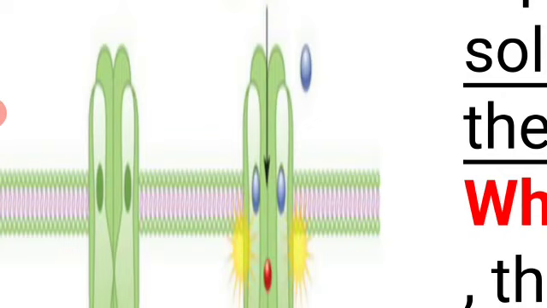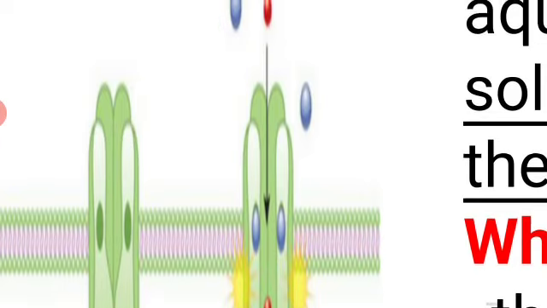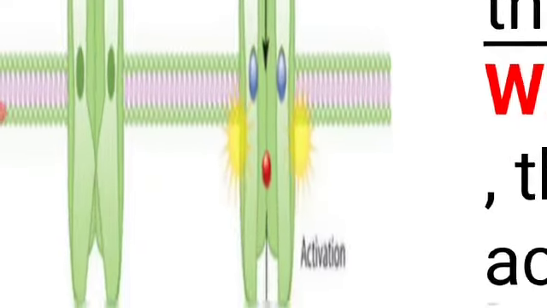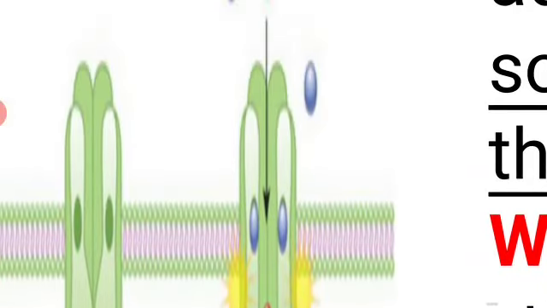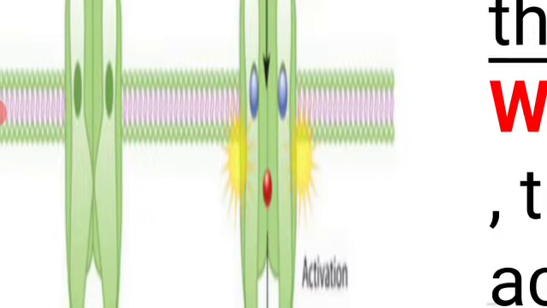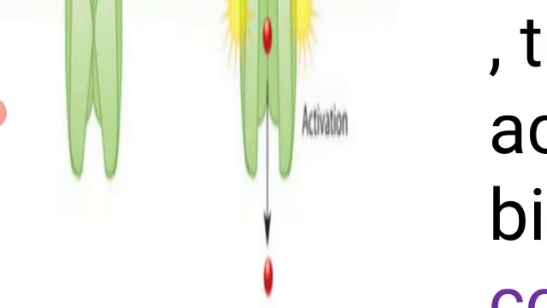So once that signaling molecule attaches to the receptor, it causes the protein to open up, and the red important ions are able to move across into the cytoplasm. There is activation, pores open up, and what is required crosses.